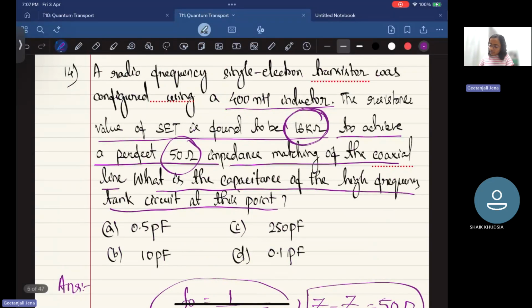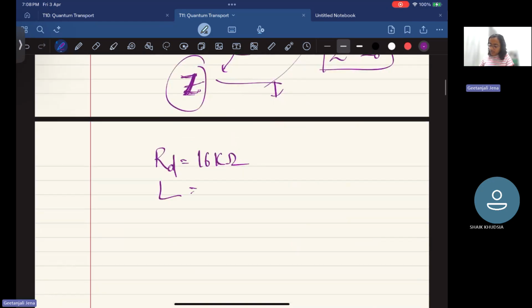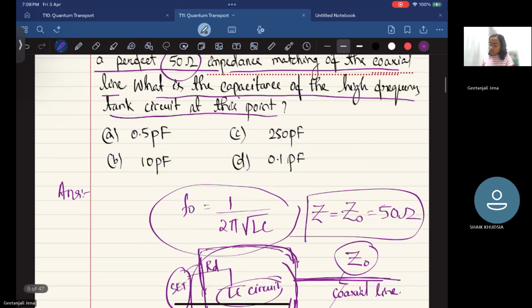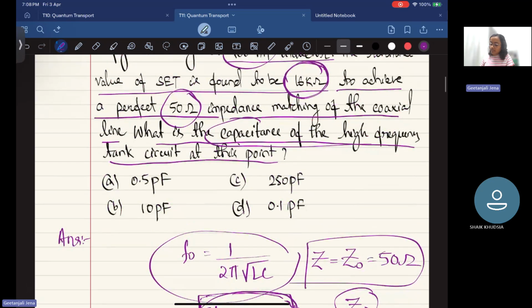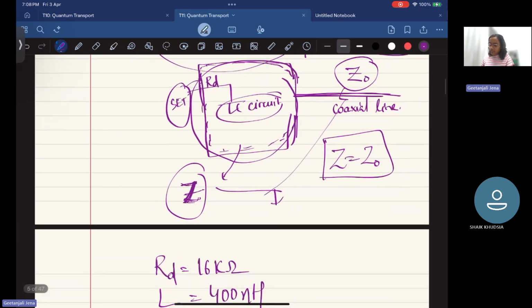Another thing given is that for this tank circuit, the inductance L is 400 nanohenry. We want to calculate the capacitance for this perfect impedance matching condition between the tank circuit and the coaxial line.